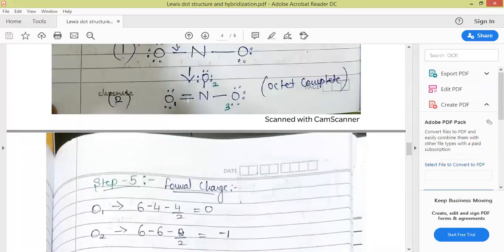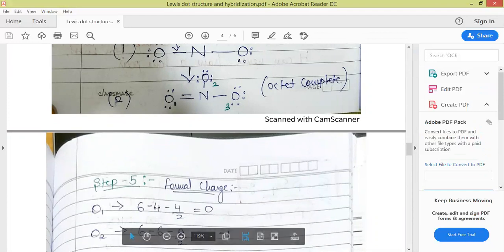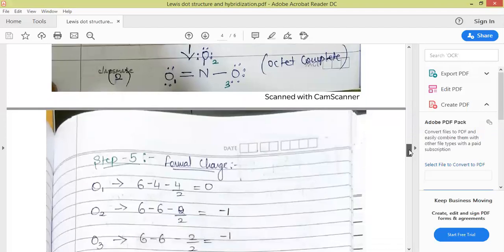Let's calculate the formal charge on this oxygen. Formal charge is given by the valence electrons associated with oxygen, in general 6, minus the lone pair electrons, 4, minus the bond pair electrons divided by 2, which is 4 by 2. That gives 0 for this oxygen. Let us see for these singly bonded oxygens, which are equivalent.